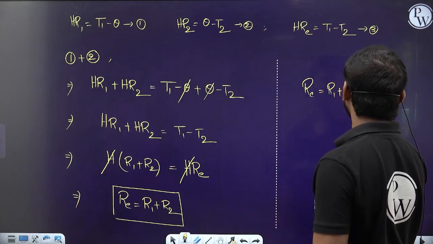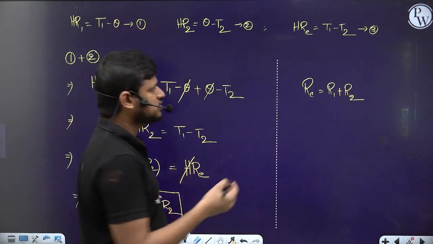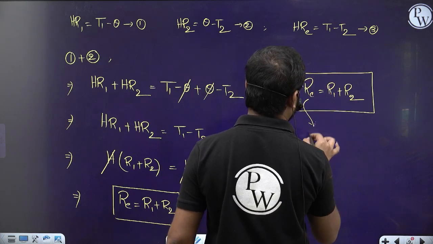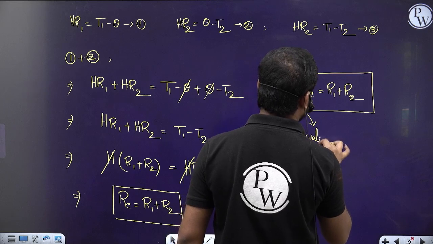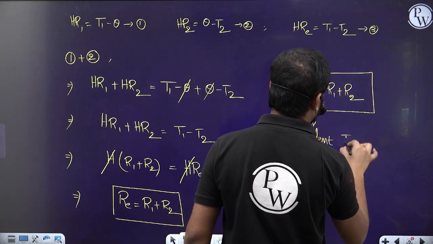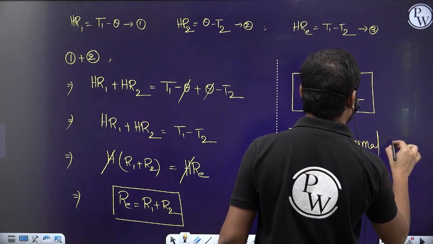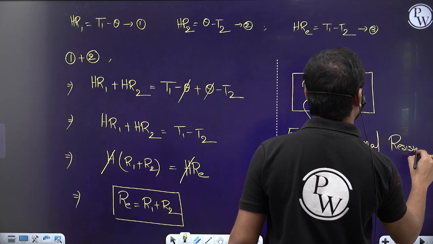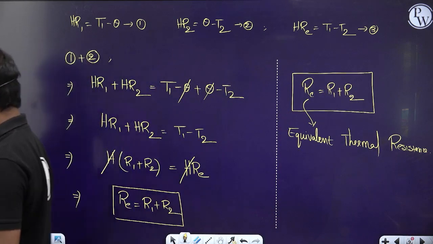If there are more conductors, R1 plus R2 plus R3 and it goes on. This is the equivalent thermal resistance. Note it down, just have a look at this one, everyone. Hope it is clear.